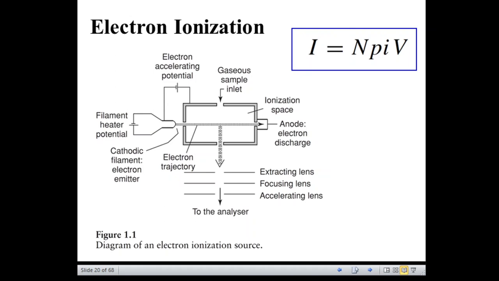Right. So, as you can see in the equation, at a given acceleration potential and at constant temperature, the number of ions I produced per unit time in a volume V is linked to the pressure P and to the electron current I, where N is a constant proportionality coefficient.